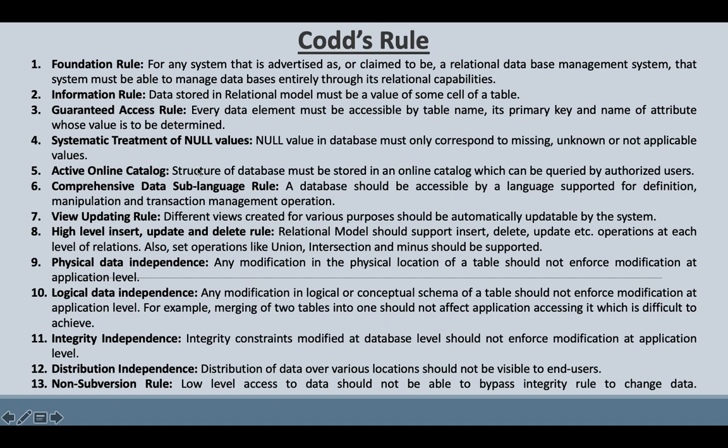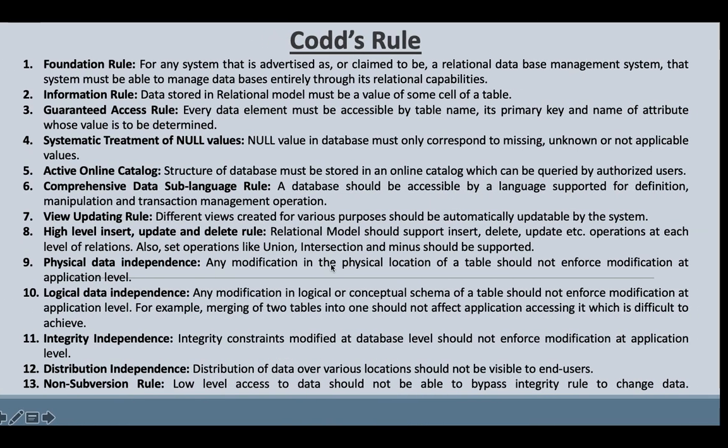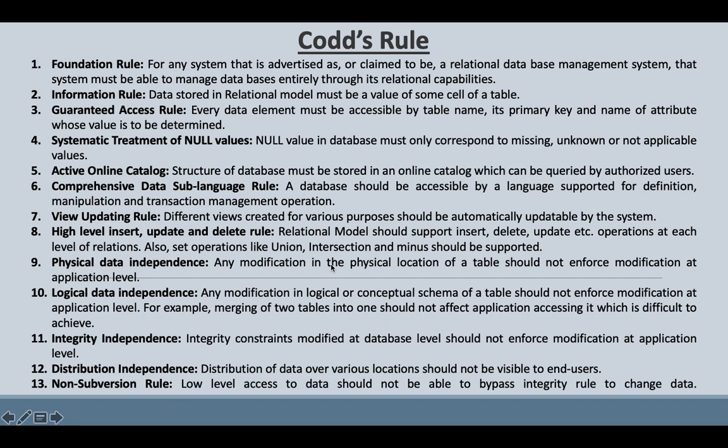Active online catalog. The structure of database must be stored in an online catalog which can be queried by authorized user. So the whole database is the catalog, on which you can fire the query to get the result.